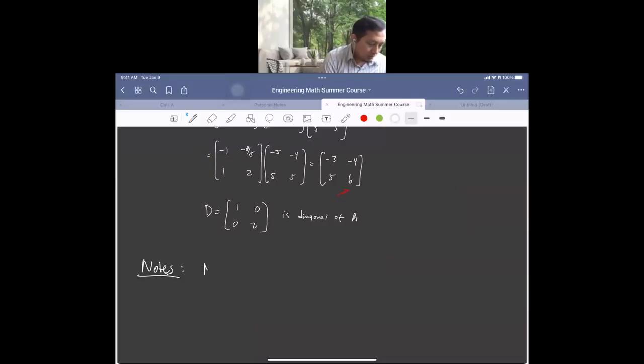So, a matrix that is not diagonalizable. Consider a matrix, let me just give you a brief example: 3, -1, 4, 7.